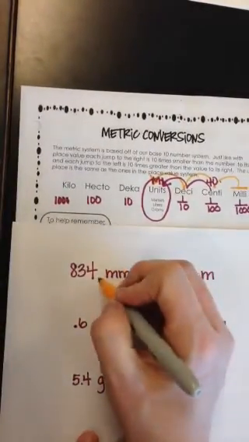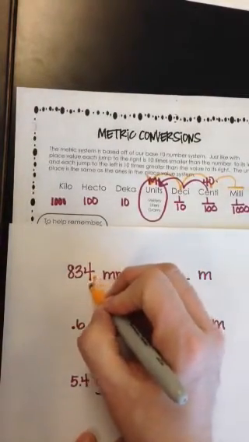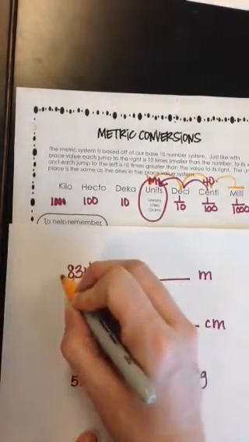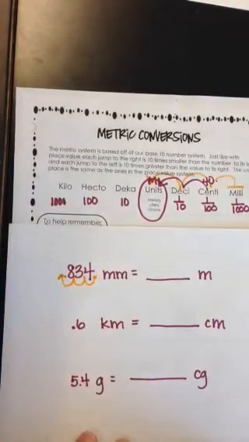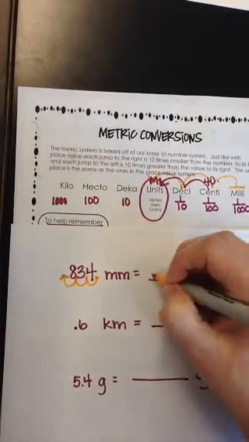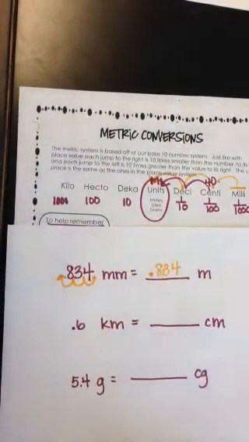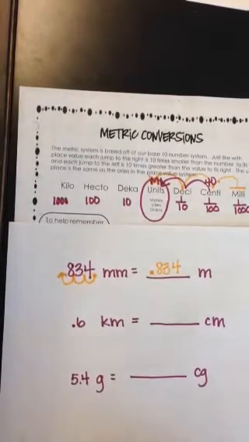So in 834, my decimal is at the end, and it's going to take 1, 2, 3 jumps to the left in order to make it back to meters. So 834 millimeters is the same as 834 thousandths of a meter.